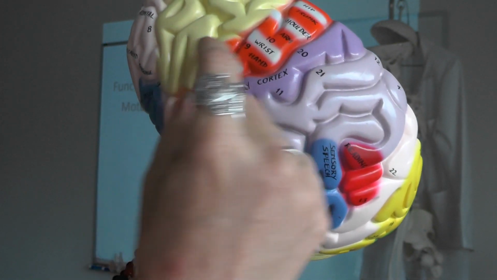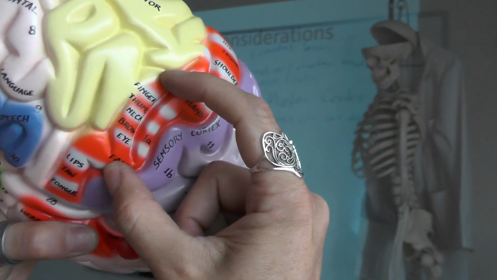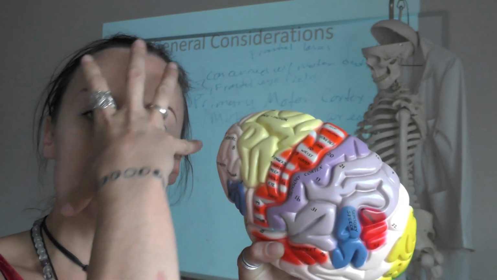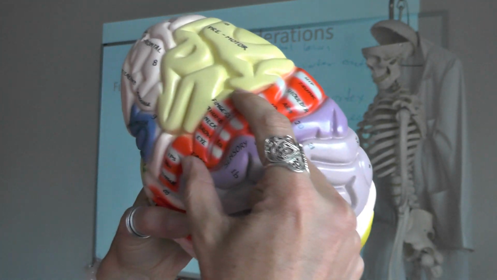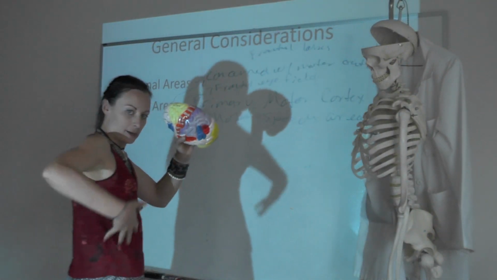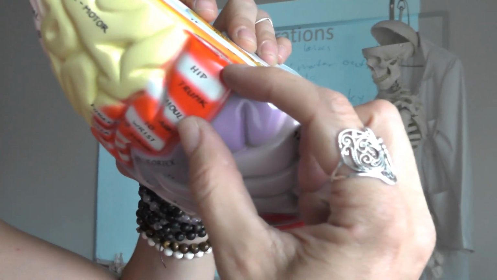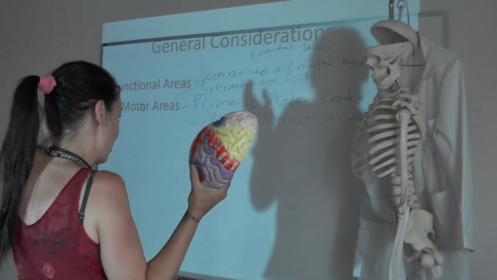Okay, well, what about my face, my thumb, my neck, my eyebrows, my eyes? Look at how much brain territory that is, people. That's huge. This little tiny part of me gets this much of my brain. This part of me gets this much of my brain. So it's pretty cool.